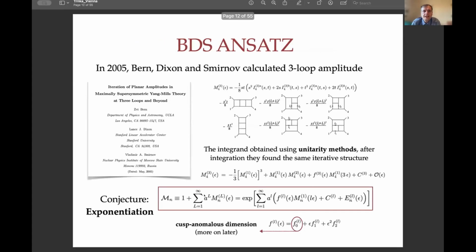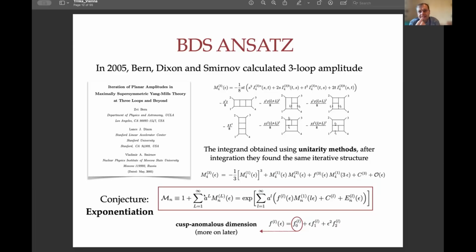So the four-point amplitude actually played a crucial role in the so-called BDS ansatz. In 2005, Bern, Dixon and Smirnov calculated the three-loop four-point amplitude in this theory, following up on the results of one loop from 1982 and two loop from 1997.